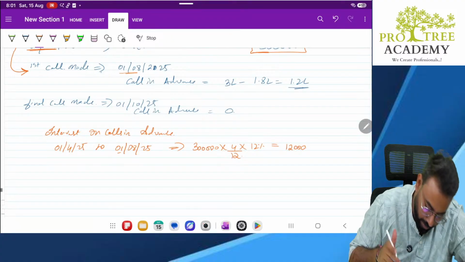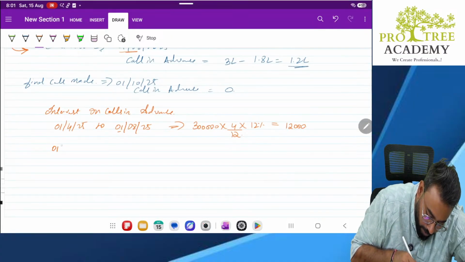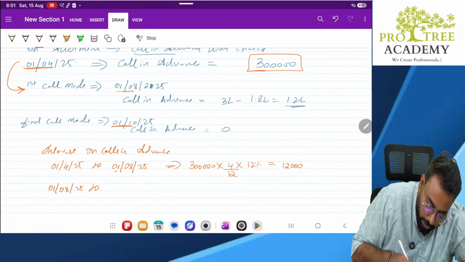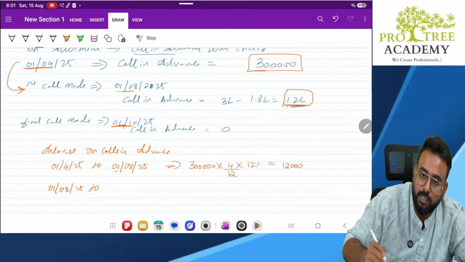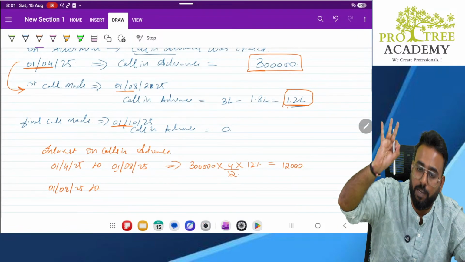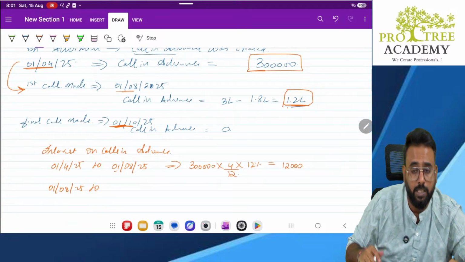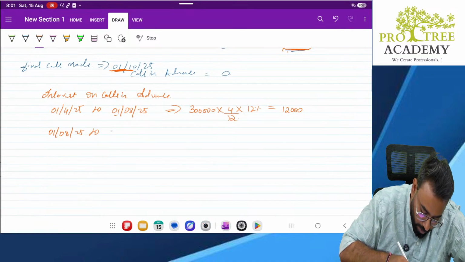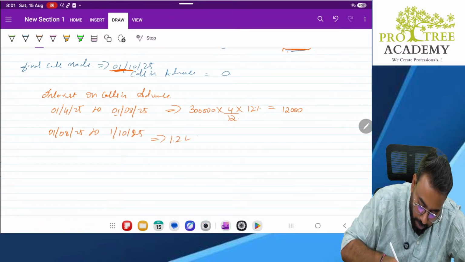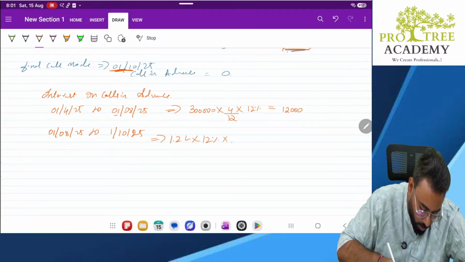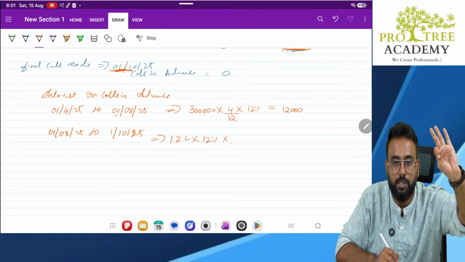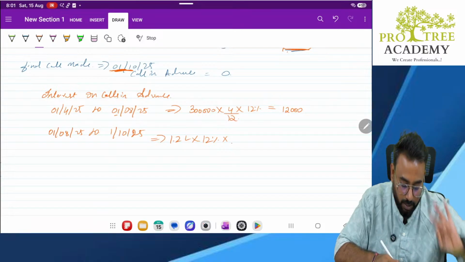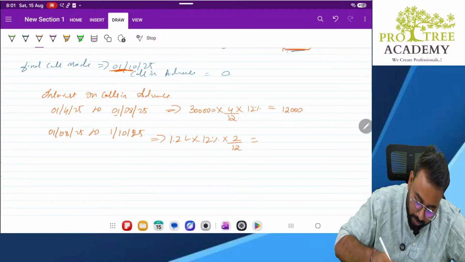Okay. For this period. Next, again from 1st August 2025 to 1st October 2025, we had a balance of 1.2 lakhs. Correct or no? When did this 1.2 lakh become 0? On 1st October. That means till 1st October we were having a balance of 1.2 lakhs. Yes, sir. Correct. So 12% into August, September, 2 months. Don't count October. Why? Because it is the first. So 2 by 12.